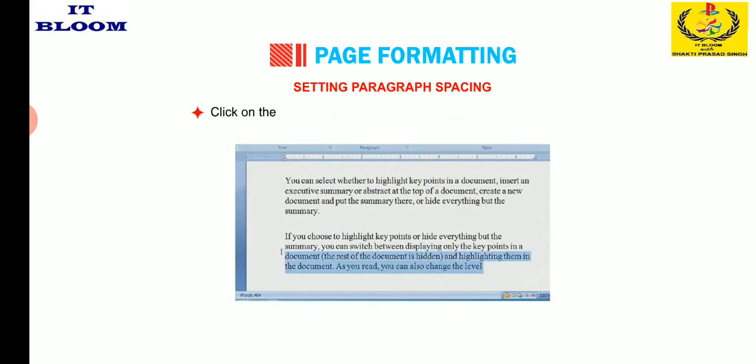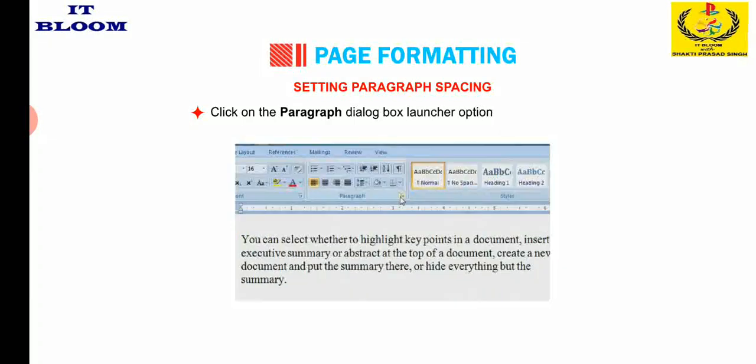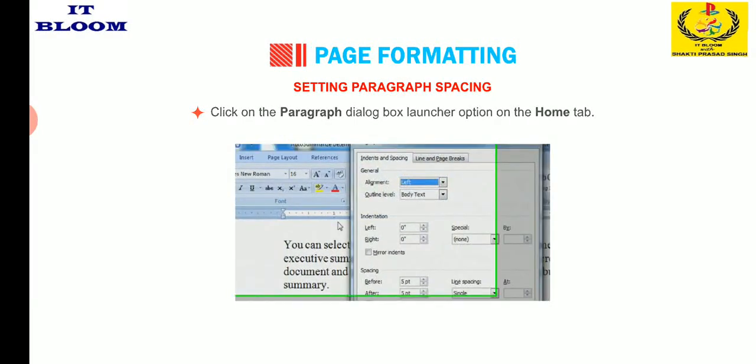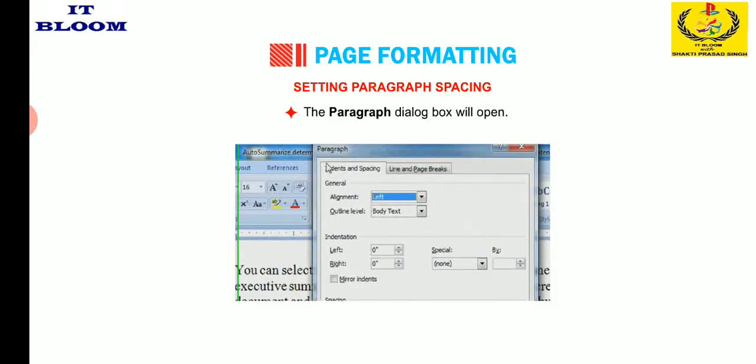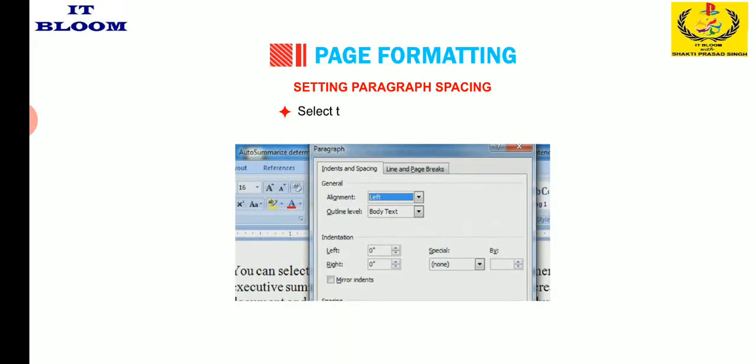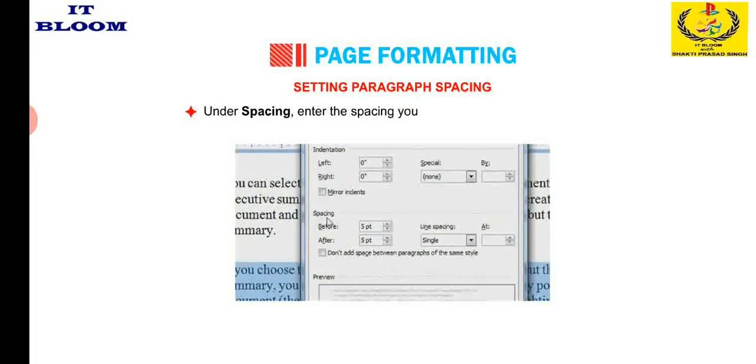Click on the Paragraph dialog box launcher option on the Home tab. The Paragraph dialog box will open. Select the Indents and Spacing tab. Under Spacing, enter the spacing you want in the before or after box. Click on OK.